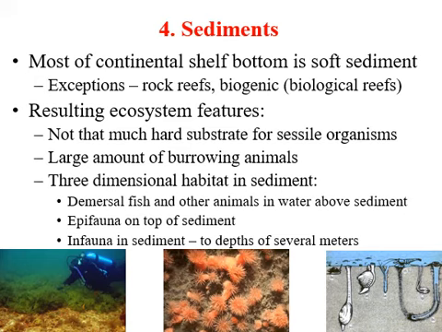There's some places where there's relatively large areas of hard substrate. But for the most part, this hard substrate, like rocks, is patchily distributed. There's a rock here and a rock there and other rocks. So most of the bottom of the continental shelf is soft. It's sediment of different sizes and different types.